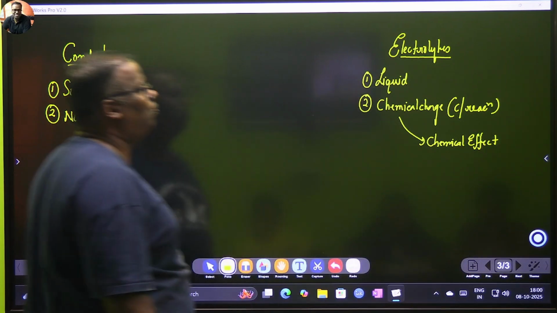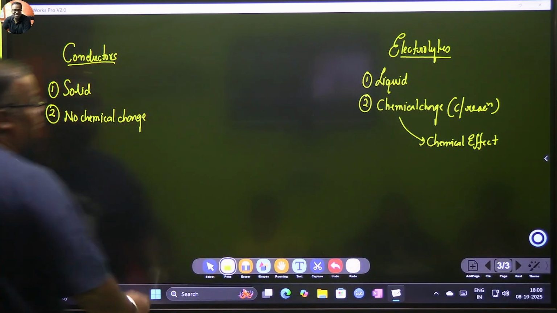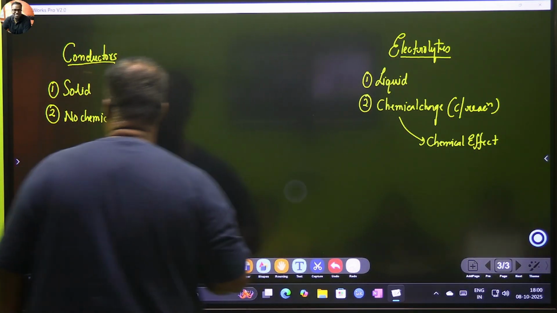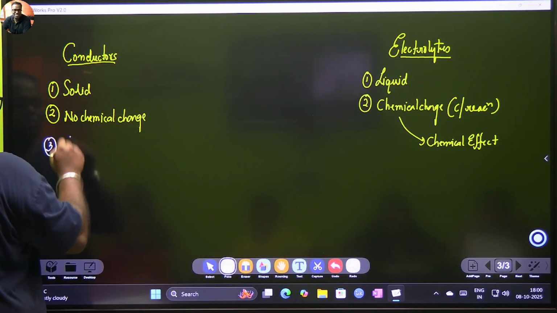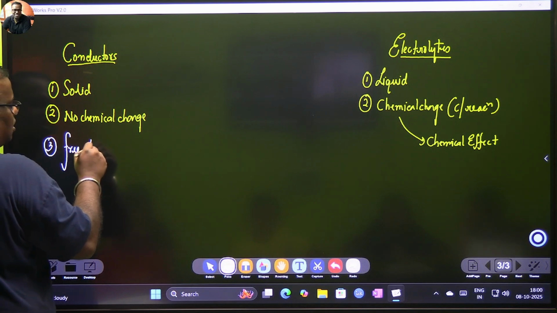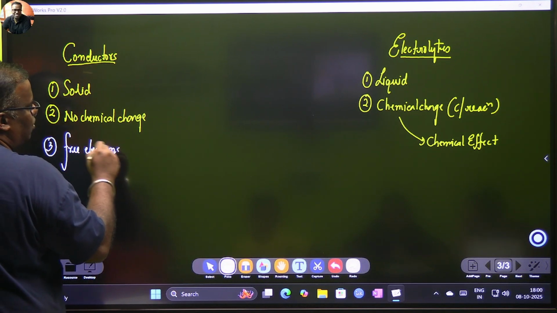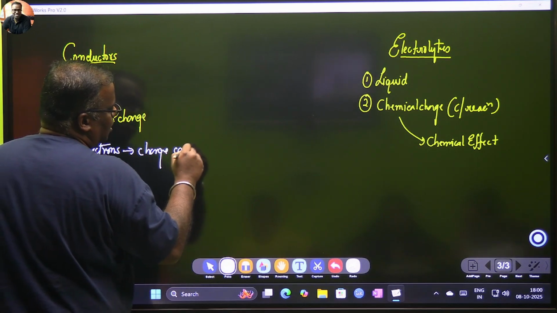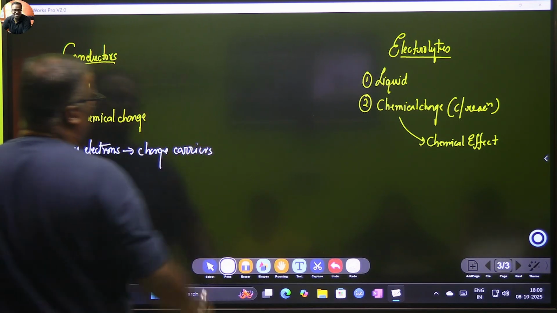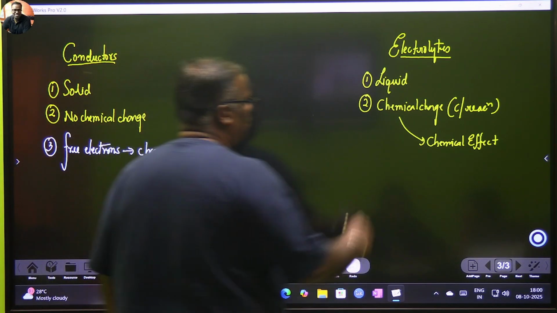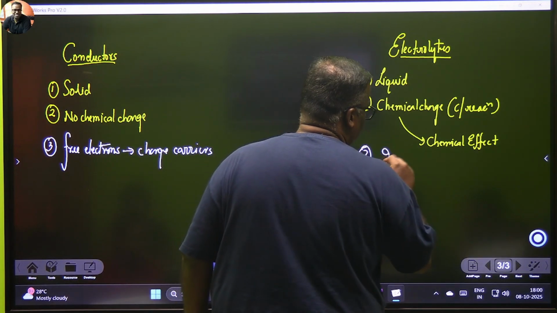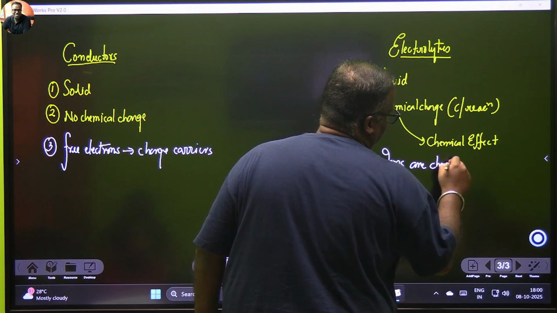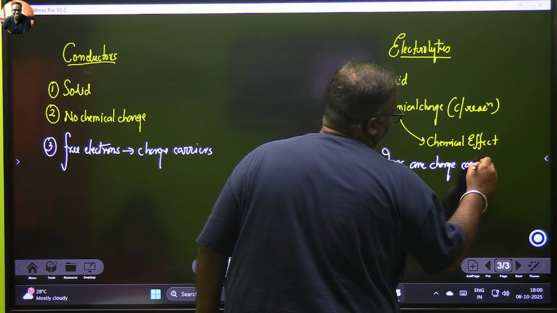Clear so far? Further, we say that free electrons are the charge carriers. And in the other case, we'll say ions are charge carriers.